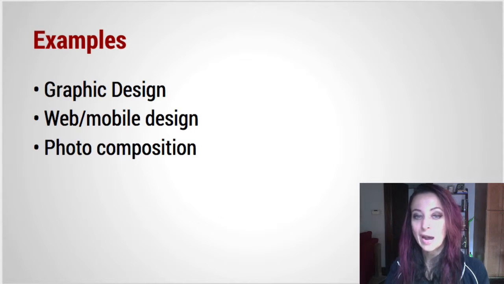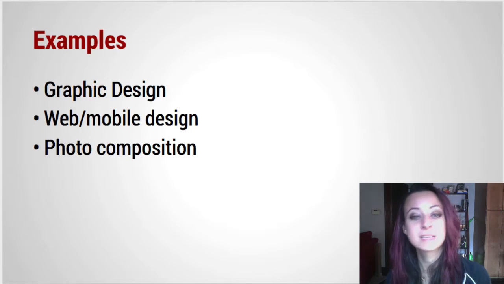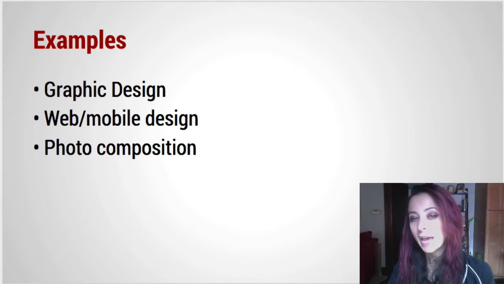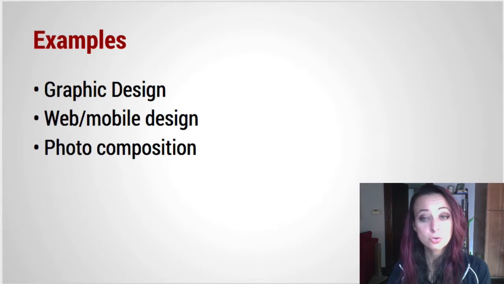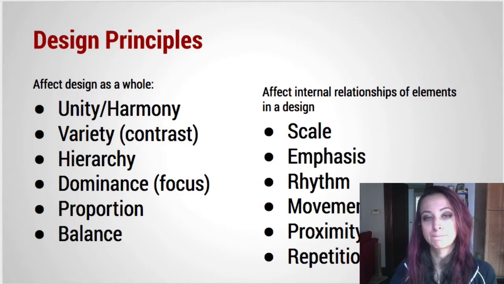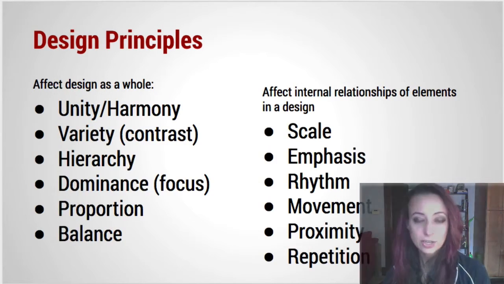I'll show you how all of these different kinds of designs achieve the design principles. And I hope this will illustrate how design principles can help with any kind of visual design, from print materials to digital materials to even tools like mobile apps. So let's take a look at the design principles.